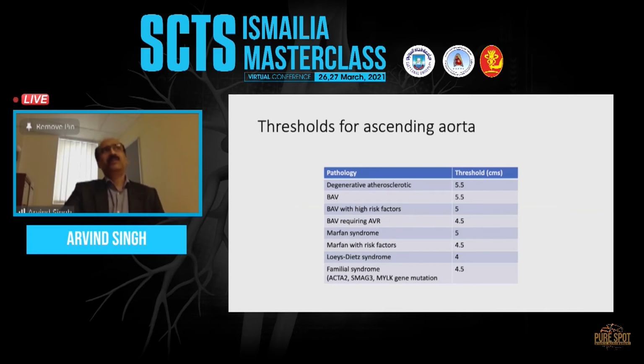I think at some point we will have to, as a society, graduate to using the body surface area or height of the patient, something that takes into account the size of the patient, because currently all the thresholds are the same for somebody who is 6 feet 5, or the other person who is 5.2. So I think it's important that all these things be reflected in the guideline in some scientific way rather than completely subjective.